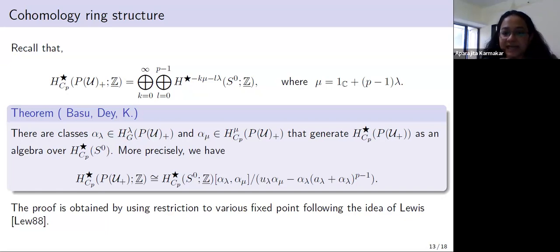These u lambda and a lambda are elements of H star Cp of S naught. This proof is obtained by using restriction to various fixed points using the idea of Lewis.